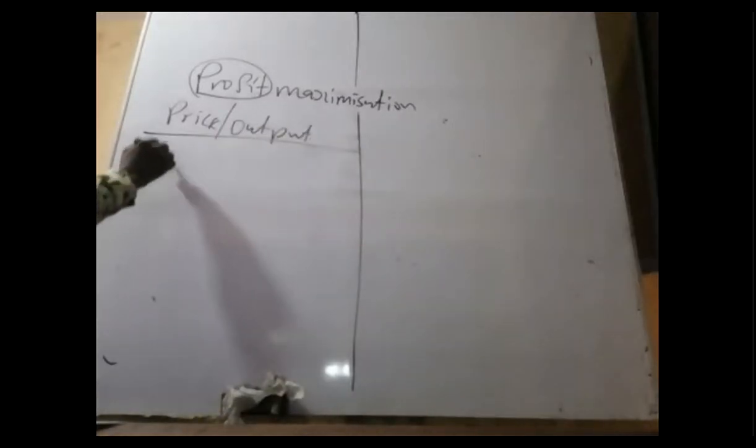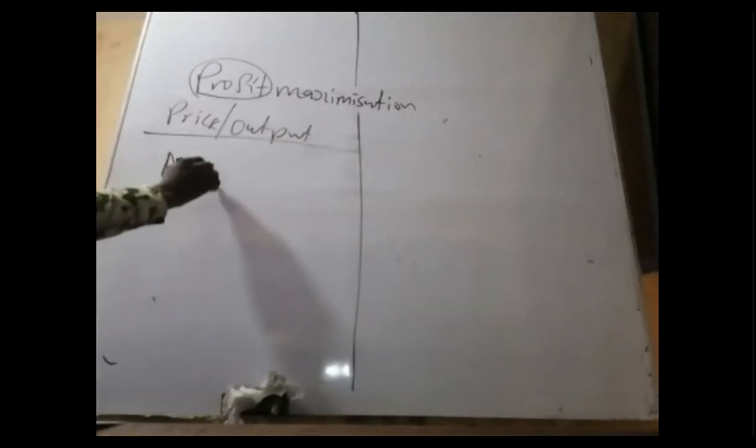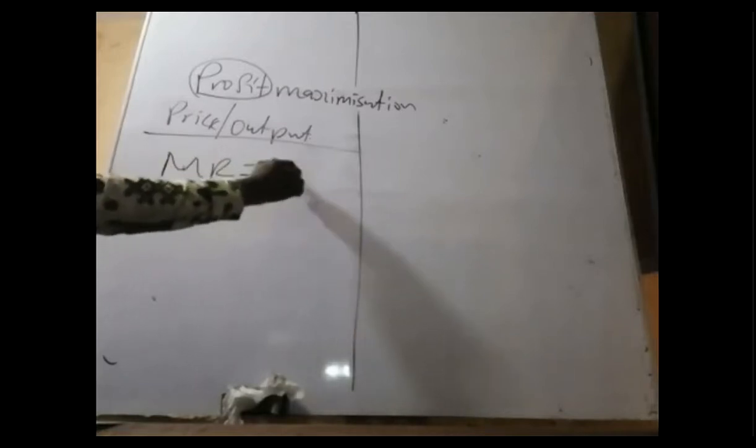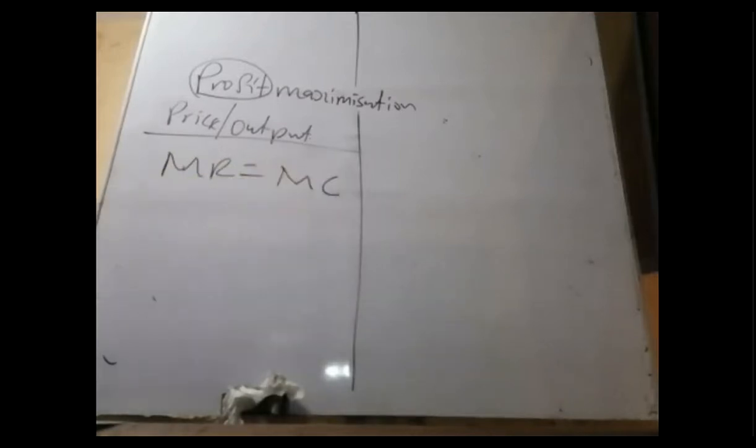Now, at this stage, tell the examiner that for the profit maximization output, your marginal revenue must be equal to your marginal cost. The question is, how do you derive all these things? Good. So we need to pick it from a certain angle.